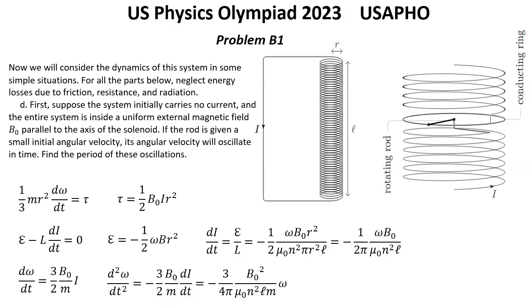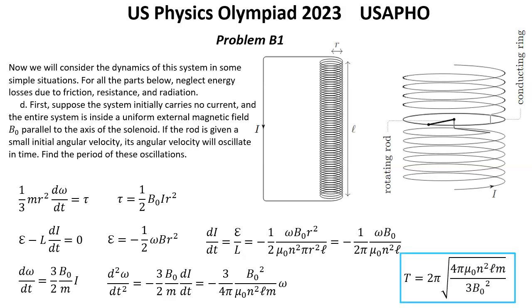And finally we can see that the second derivative of omega is proportional to omega with a negative sign. This is exactly the equation for simple harmonic motion, and from here we can find the period of oscillation of this omega. That will be the period equal to this one. That was the solution for part D.